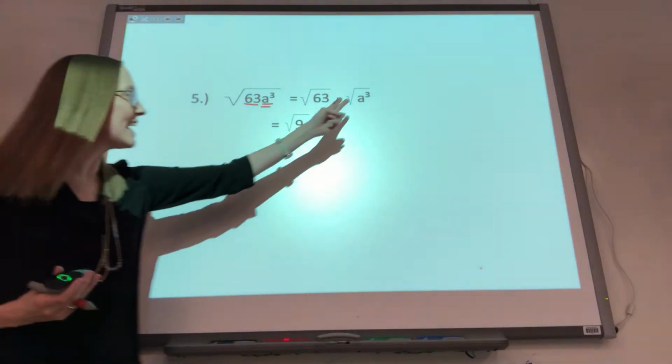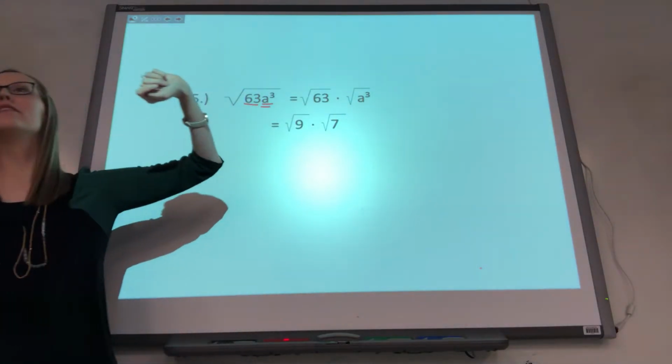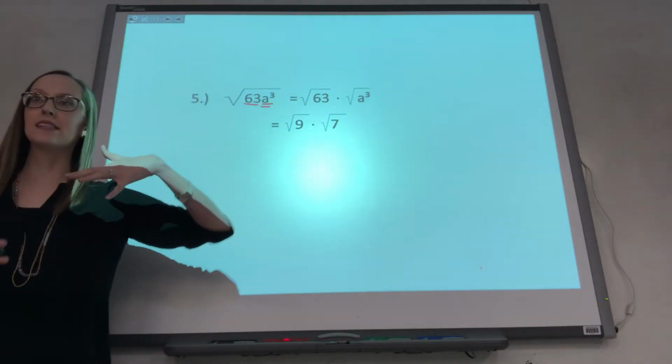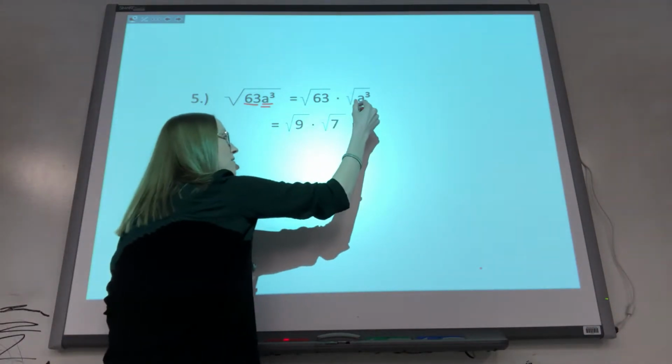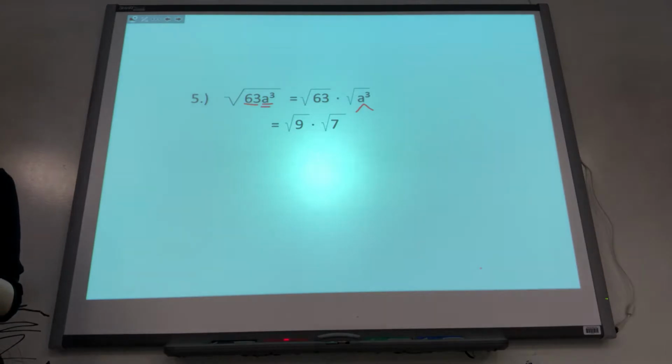Now the exponent 3 back here cannot be divided by 2 nicely. So we're also going to have to break that square root apart.